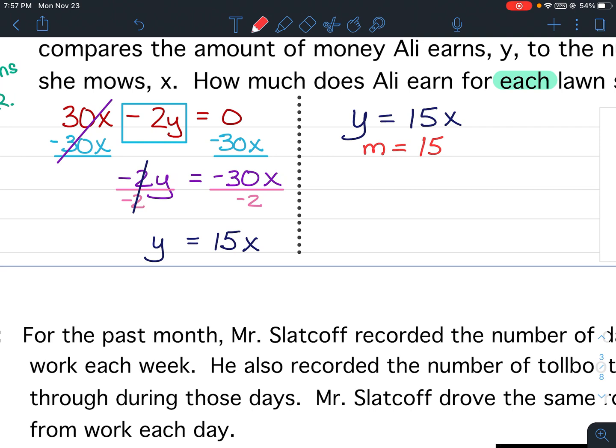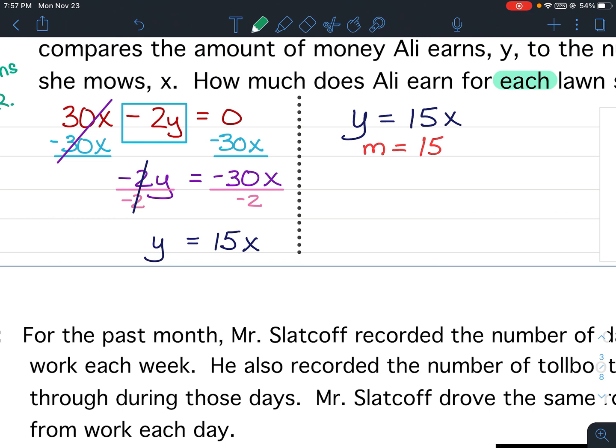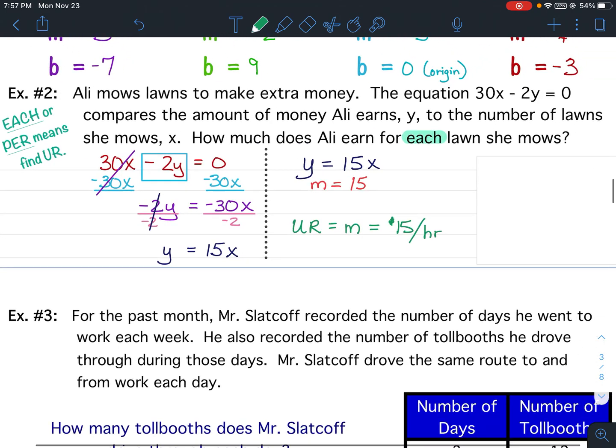Since they asked me to find the unit rate, the only thing I needed to do was find the slope, which I did. So in other words, the unit rate equals the slope, which equals $15 per hour.